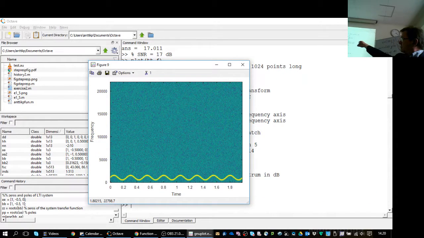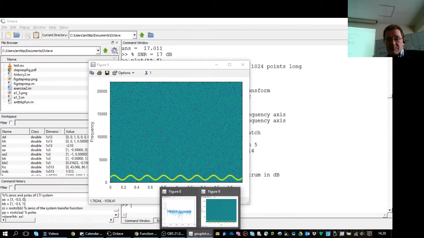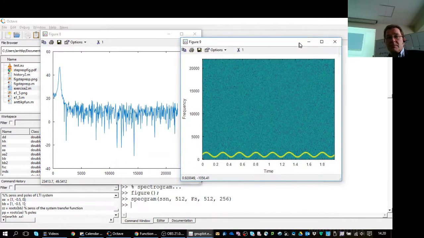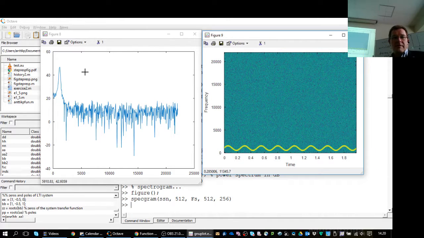So, spectrogram, and then I also have the spectrum somewhere. Yeah, single spectrum. As you can see, the spectrogram had the frequency from 0 to the Nyquist frequency, and it also shows from 0 to 2 seconds the whole data set. You can play around with these values. The number of points in the FFT defines the spectral resolution.